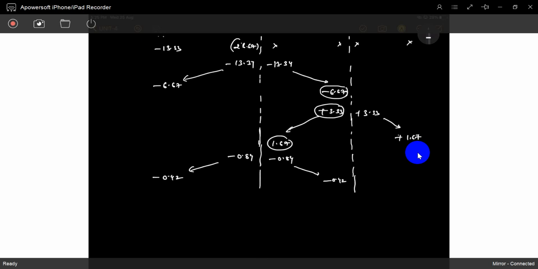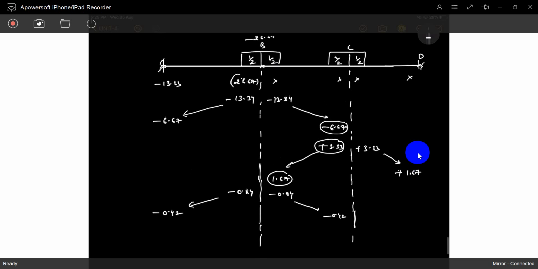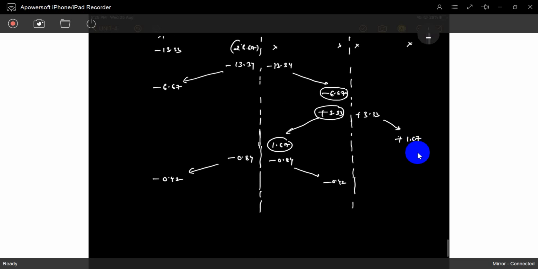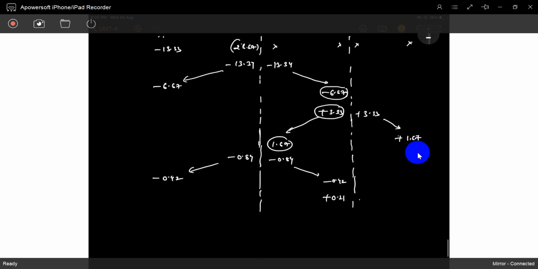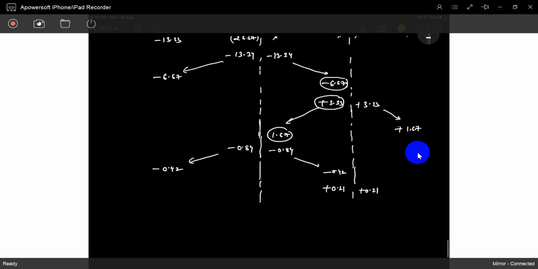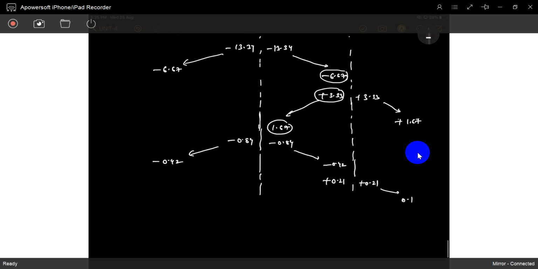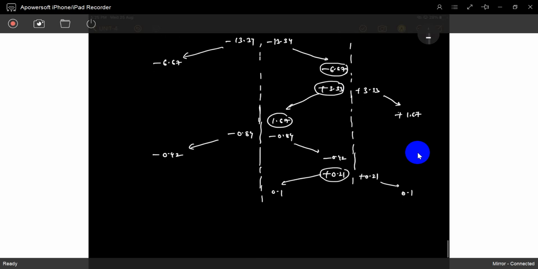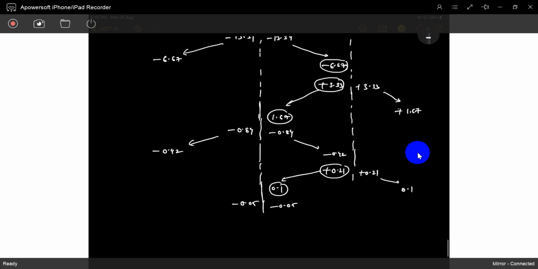If you want to do it, it's only 2 iterations now. At least maintain 3 iterations. So 0.21, 0.21, and it goes to 0.1 for this 0.21. Then 0.1, 0.05, minus 0.05.